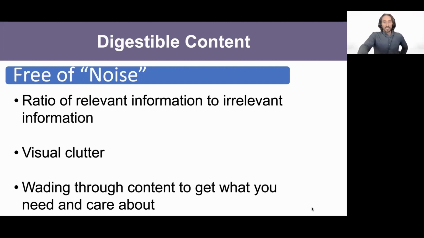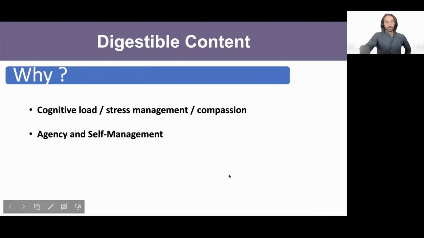So even dealing with that visual clutter can add unneeded stress, and we want to make sure that the stress we're bringing in is good stress that comes from being challenged and stretched to be the best versions of ourselves, not stress that comes from frustrating, I can't find what I need to find. And that really brings us to this last point here, which is wading through the content to get what you need and care about. So we don't want students to be surfing around trying to find what they need. It should be clearly evident what we're looking for.